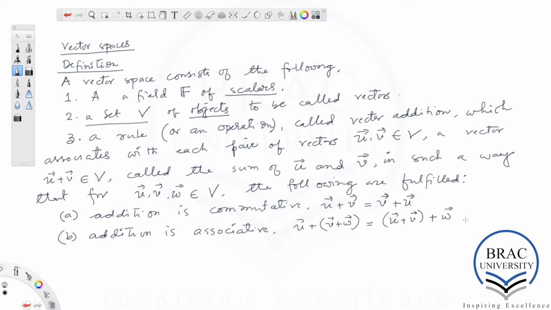For the right side, you add u and v first to get a new vector, and that new vector is added to w to result in a final vector, and that should be the same as what we have on the left hand side. This is the associativity of vector addition.